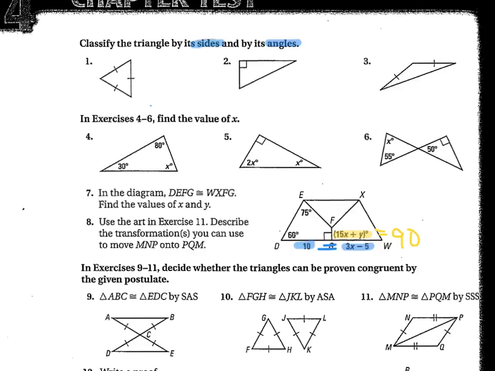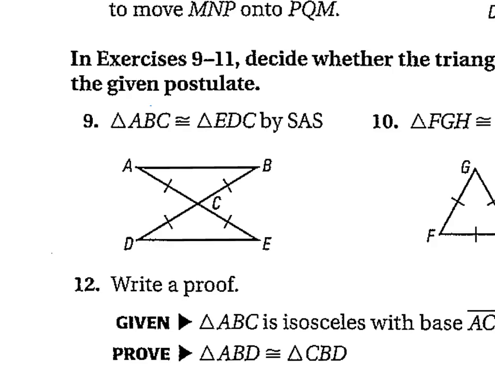The reason I say 90 is because this is a 90-degree angle here, which means over here it's got a total 90 degrees. So you're going to take 15 times whatever the number was you got for x plus y equals 90, and then solve for y.